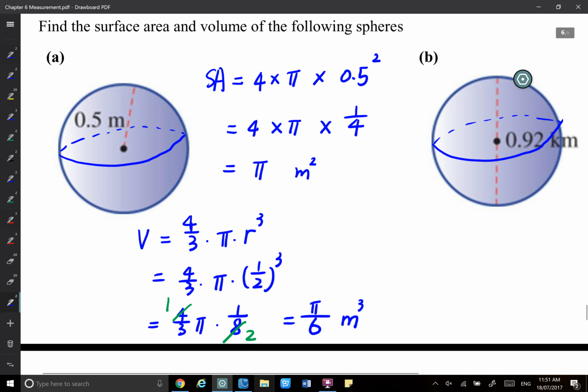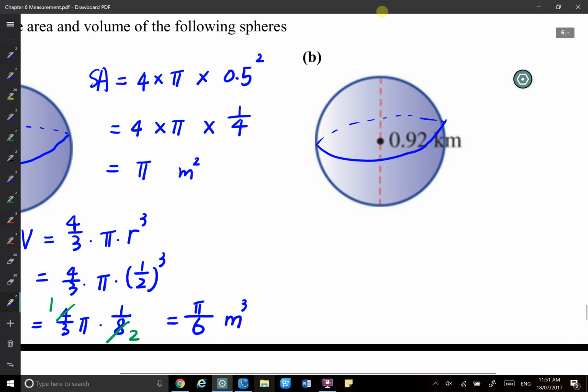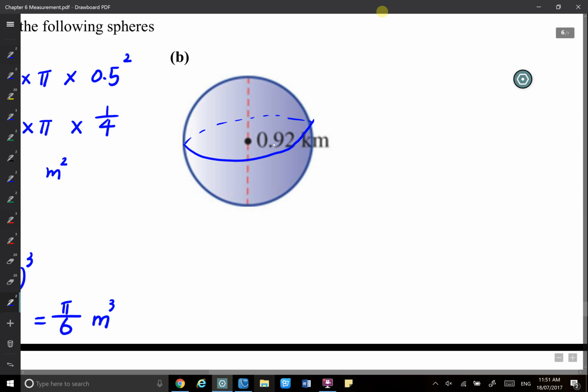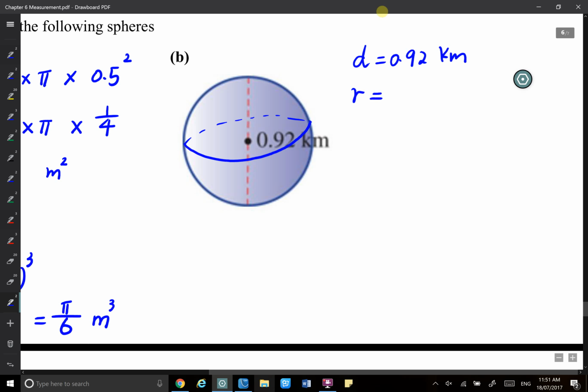Okay, that's one circle, and have a look at the next one. The next one is 0.92, but 0.92 is the diameter. D equals 0.92 kilometers. Therefore, the radius will be 0.92 divided by 2, which is 0.46 kilometers.